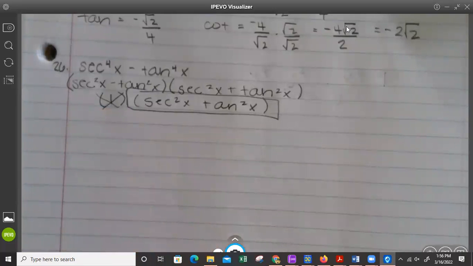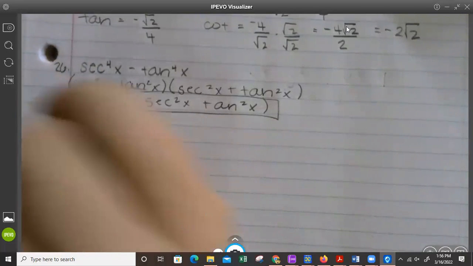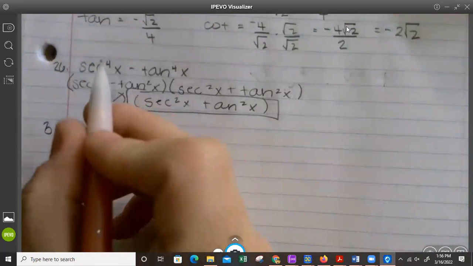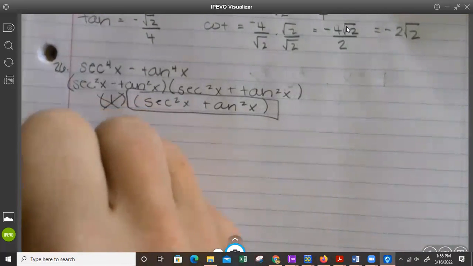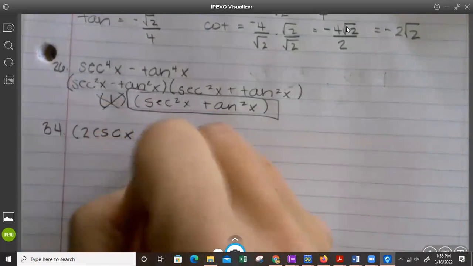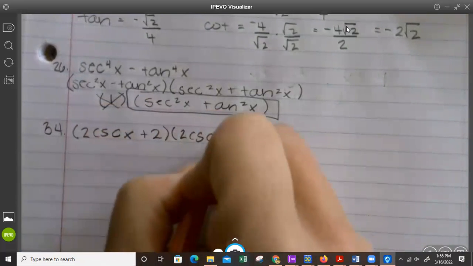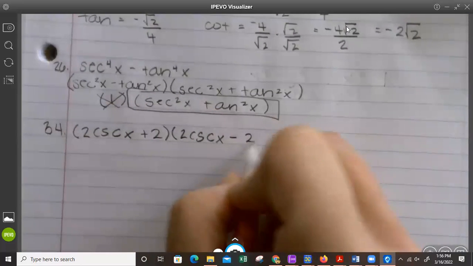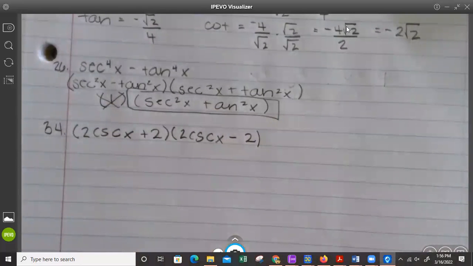30, 32, or 34? Everybody, say it again. 34. 2 cosecant x plus 2 and 2 cosecant x minus 2. What do you notice about the factors? Yeah, they're opposite signs. They're the same. So what do we have to multiply?